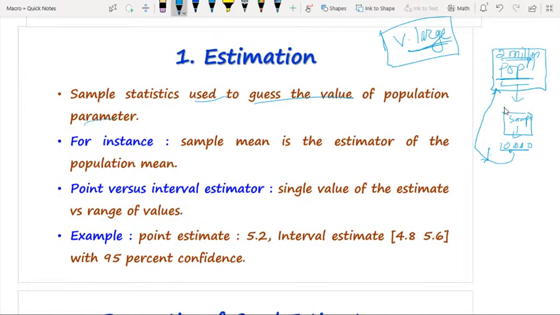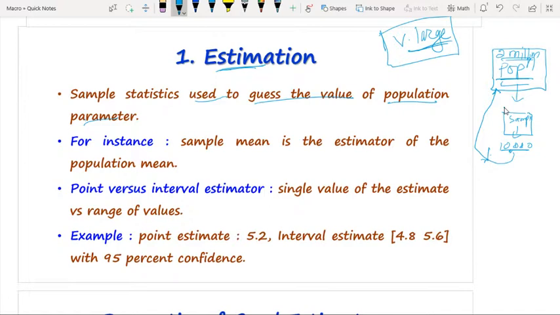For example, we can make an estimate about the population mean, the population variance, and so on.